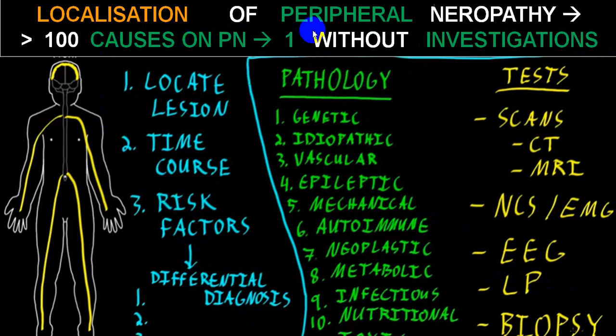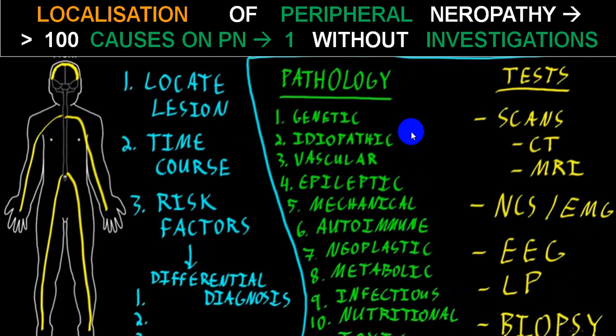Localization of peripheral neuropathy is very difficult because there are more than 100 causes of peripheral neuropathy, and if you want to identify it without any investigation, it is difficult. But if you take a good history and do a proper examination, you can come to the closest differential diagnosis, and later on you require selective investigations like nerve conduction study, EMG or biopsy.